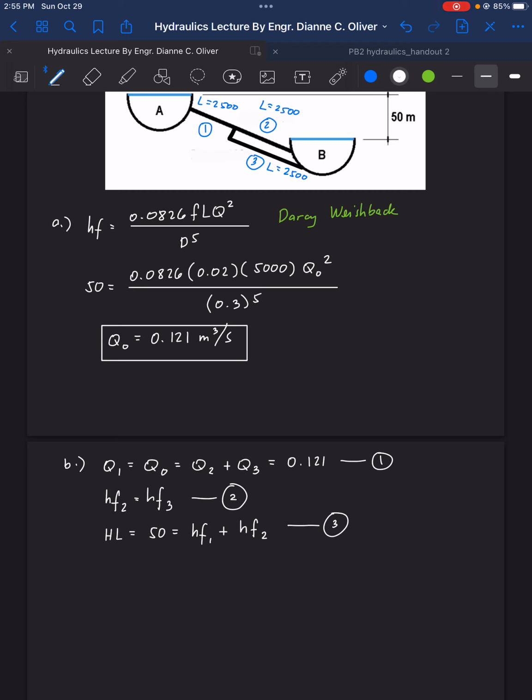So what can we observe from pipelines 2 and 3?